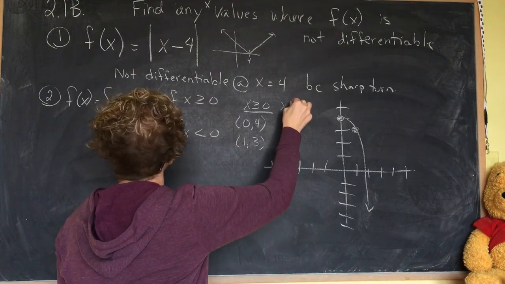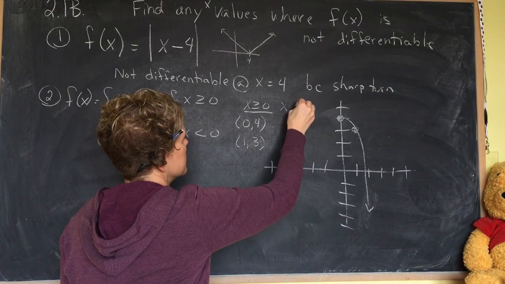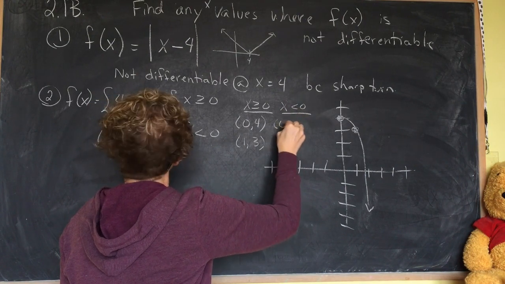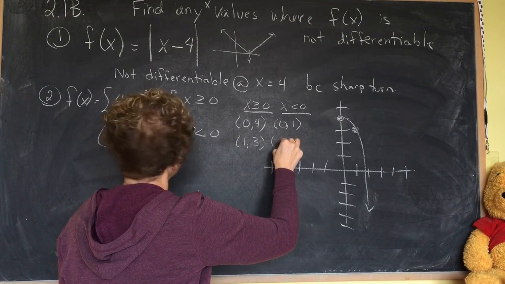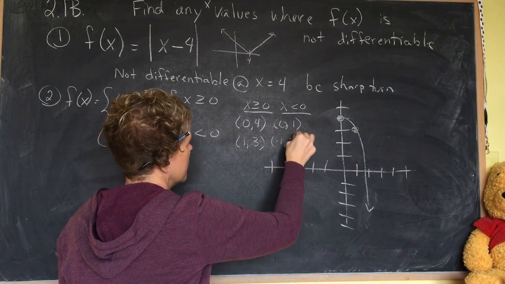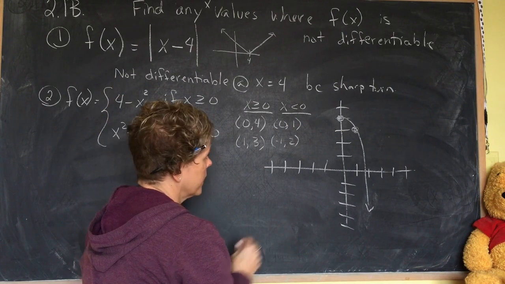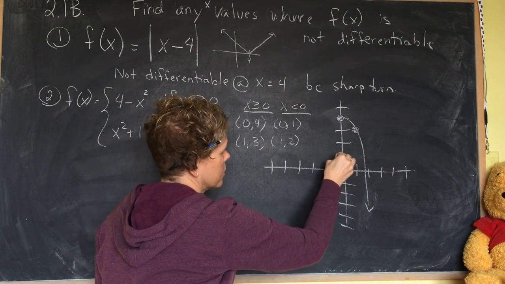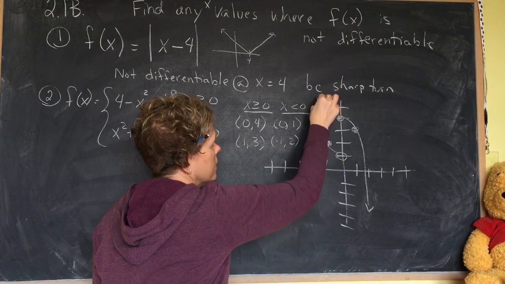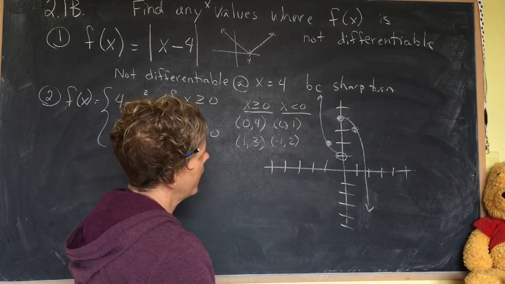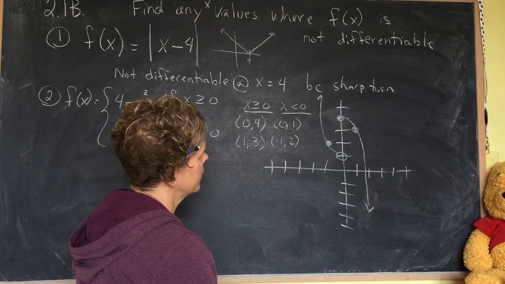Now for x less than 0, I have (0, 1). And if I put in a -1, I get 2. So at (0, 1) I have an open circle, and at (-1, 2) I have a closed circle. Again, it's curved. So where is it not differentiable?